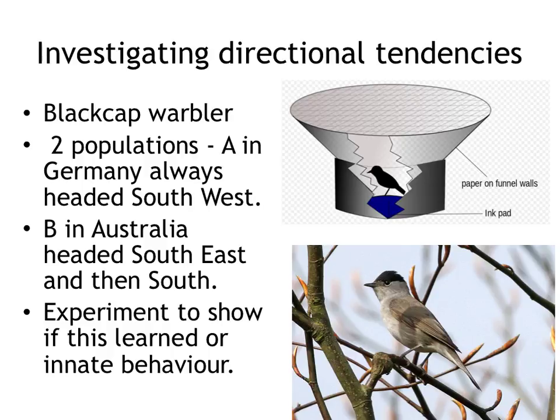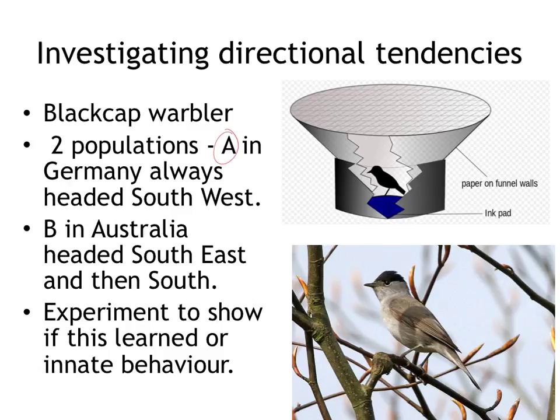In this experiment, it was with blackcap warblers, and there were two populations. One kind, which is found in Germany, always headed southwest. The other kind is Australian, and it would head southeast and then south.